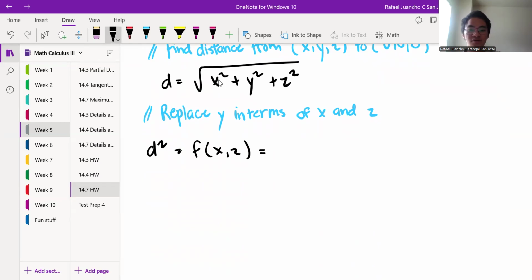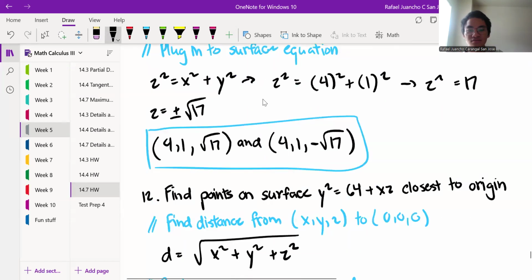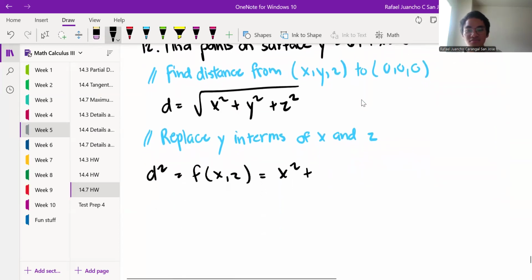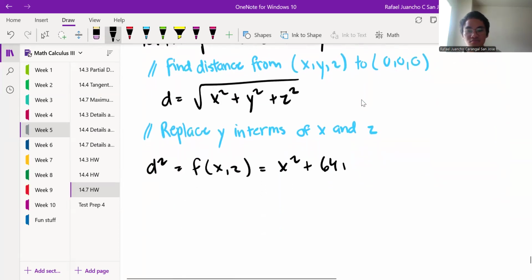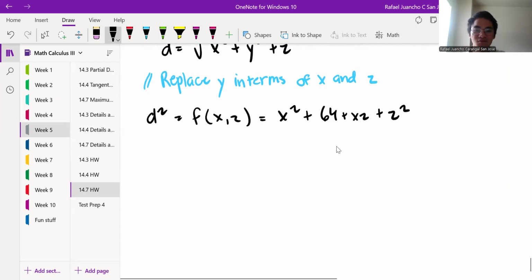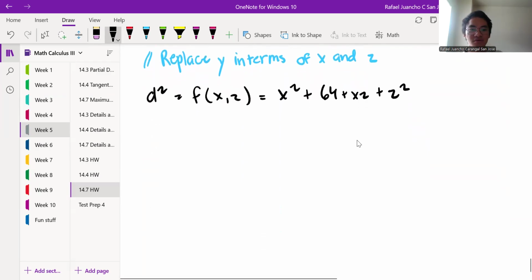And then from there, what am I doing here? Oh, I got x squared plus my y squared is what? 64 plus xz plus z squared. Right? This looks way cleaner, in my opinion.